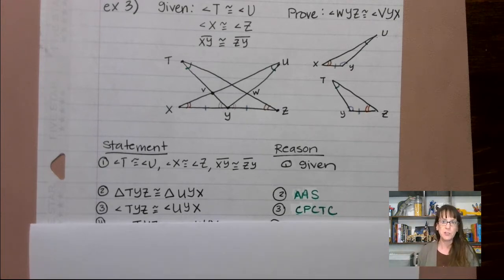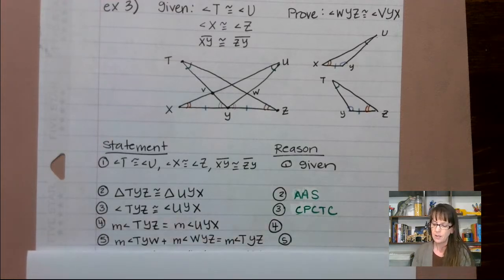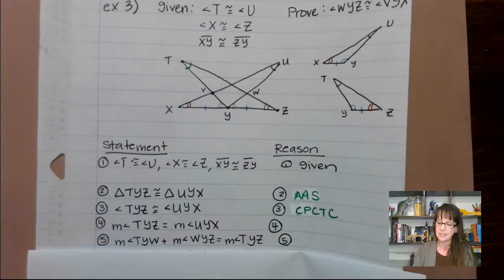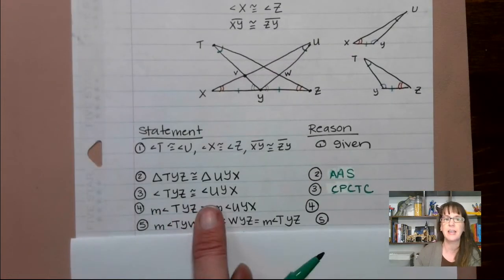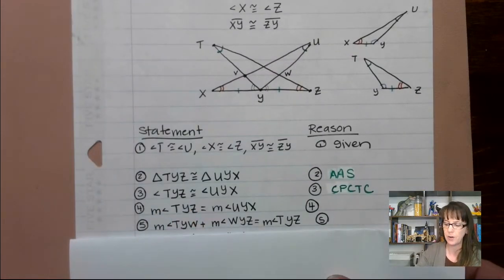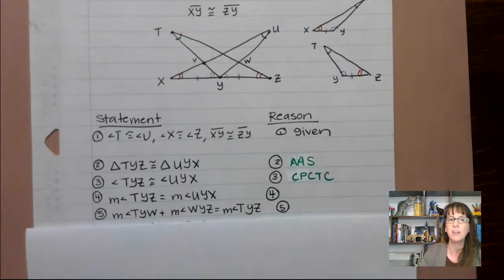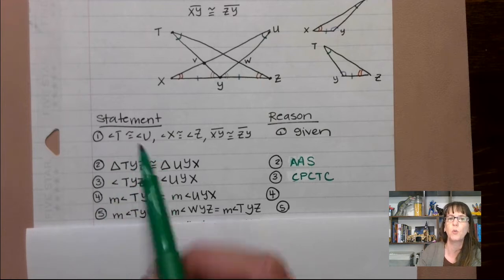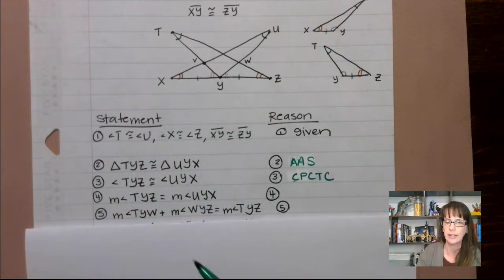Because we've proven the triangles are congruent, those corresponding parts also have to be congruent. Now, what that means is we're going to be using the angle addition theorem. So what we're doing is we're going to break down our angle, and in order for us to do that, we have to use the measurements.